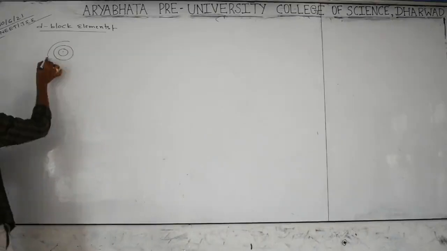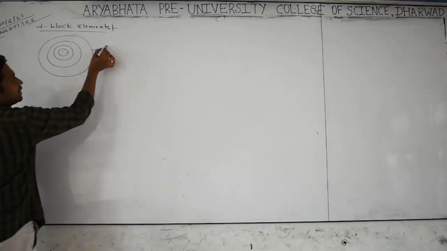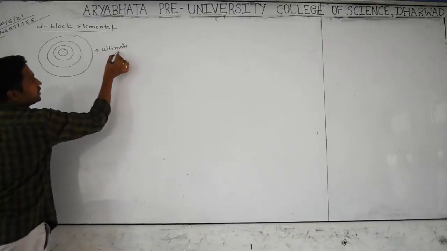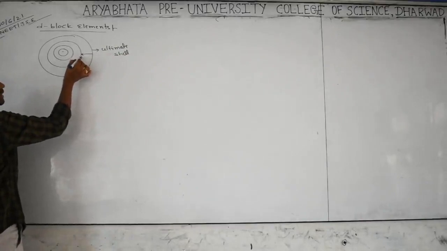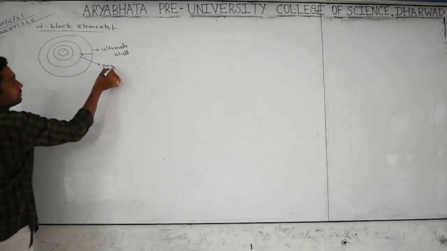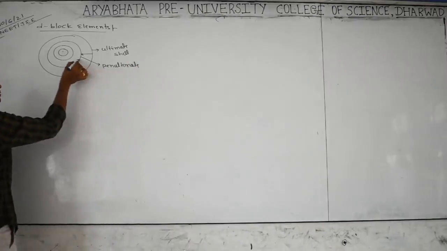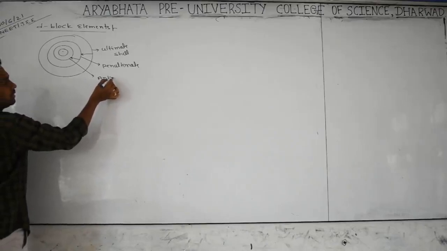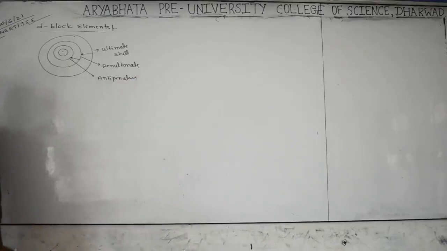Whatever the last shell is, that is called the ultimate shell, and before that is called the penultimate shell, and just before that is called the anti-penultimate shell. This is important for competitive exams.